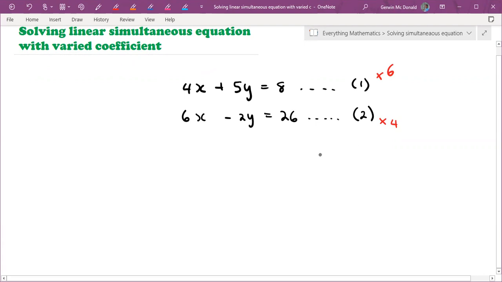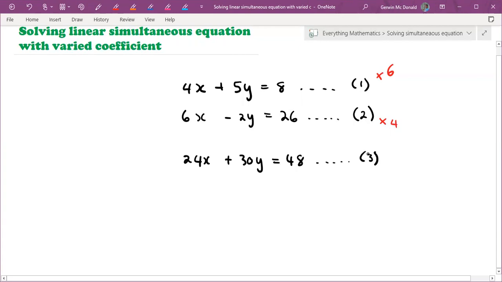And when you do that, you also are creating a new equation. So let's talk about equation 3 now. Equation 3 would be 24x plus 30y equals 48.